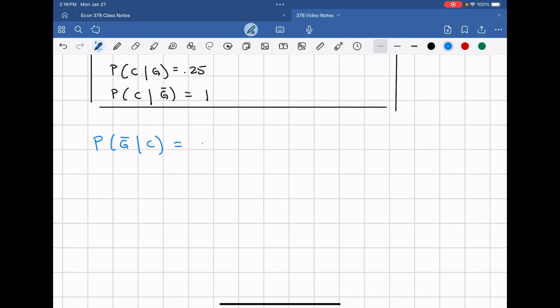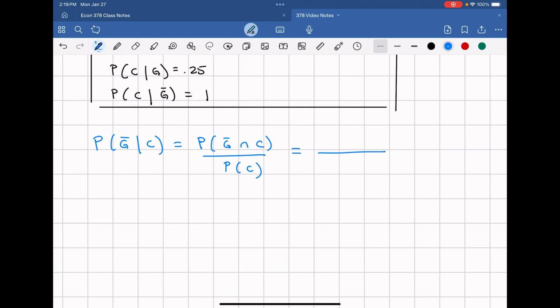Well, we can use what we know in terms of equations, that this is equal to the probability that she didn't guess and she got it correct, divided by the probability she got it correct. So an application of Bayes' law.